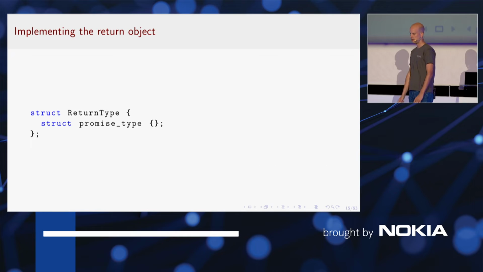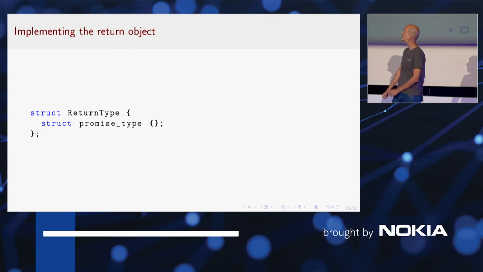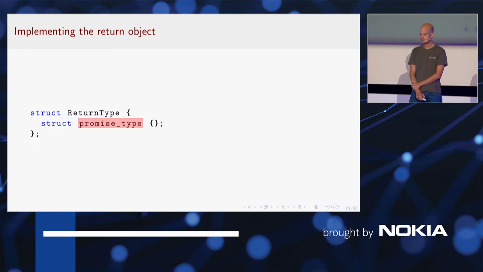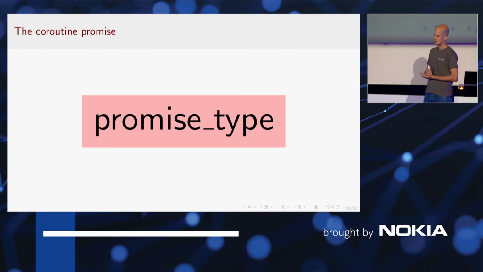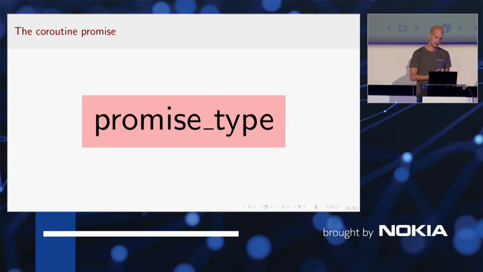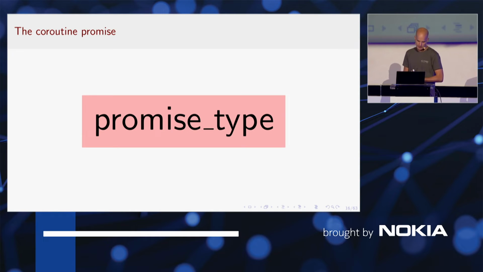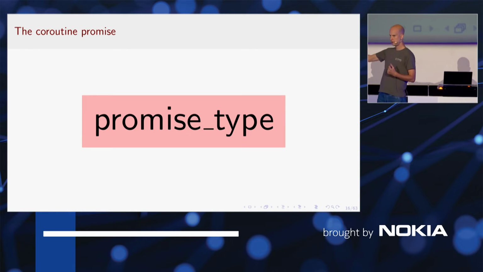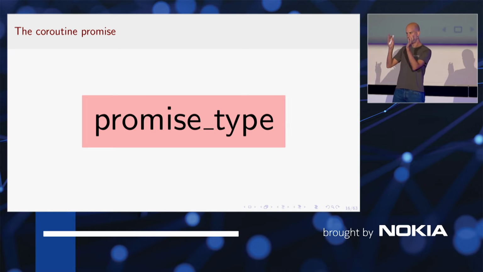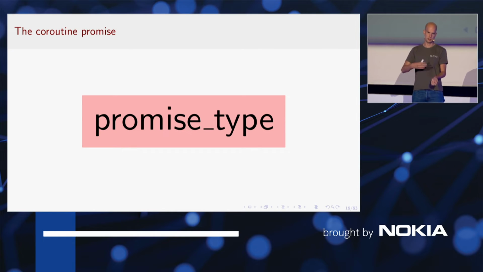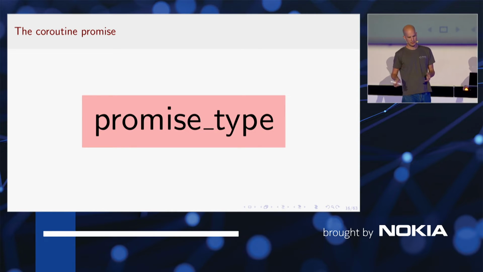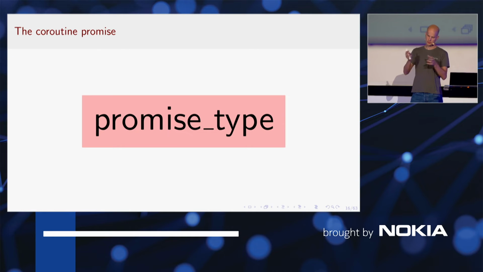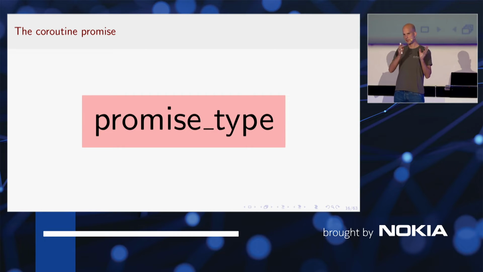So yeah, let's try and make the compiler happy and just provide the promise type here as a nested type. And this promise type is now the second player that we need to look at in the coroutine. So why do we need the promise? If you think of the return object as the interface that we give back to the caller of the coroutine to interact with us, the promise type is sort of the counterpart to this that resides inside the coroutine.